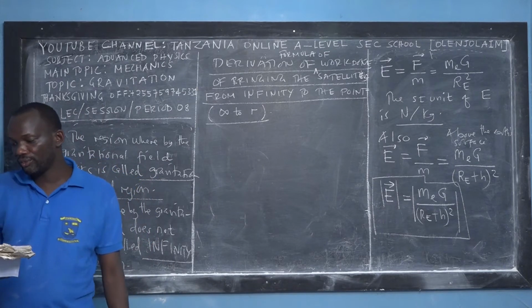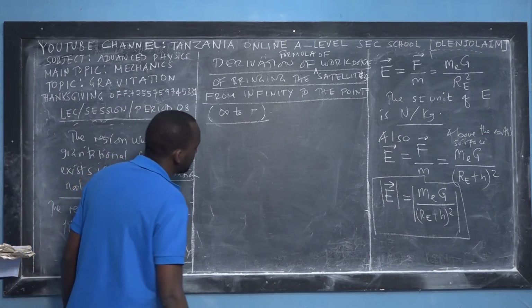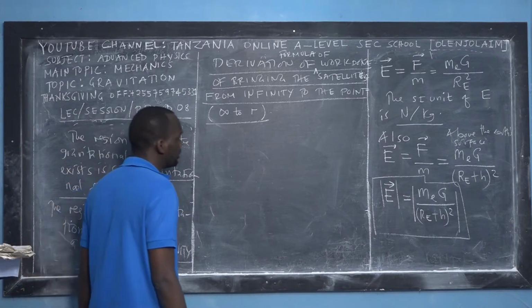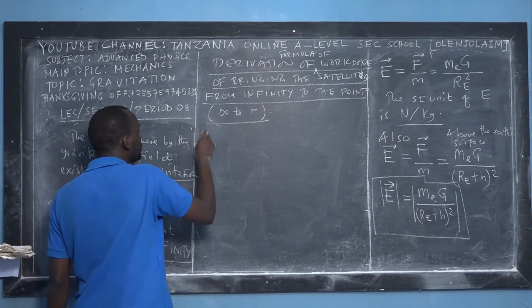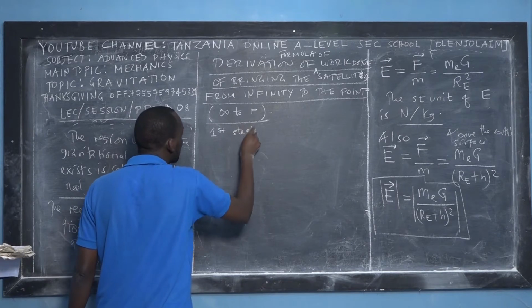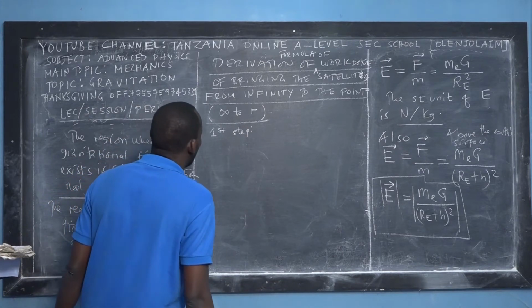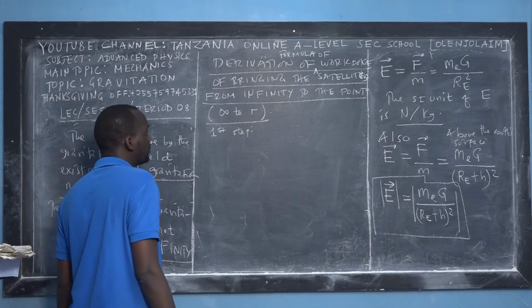So the fundamental definition of work done is the same. Work done is a product of force and distance moved. So we'll be following steps to find the work done required of bringing a satellite from infinity to the point.